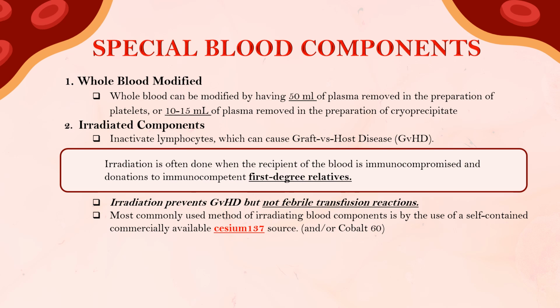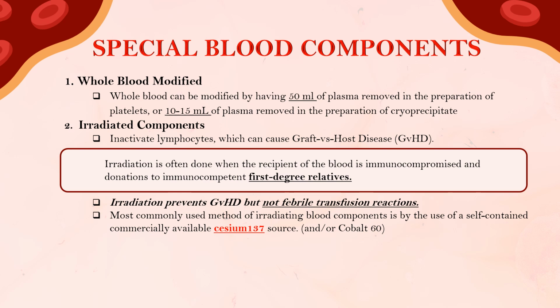And this is mainly because of the storage. What exactly happens is that during storage, your white blood cells release substances known as BRMs, also termed biologic response modifiers, that can cause febrile reactions. So these BRMs are produced during storage.